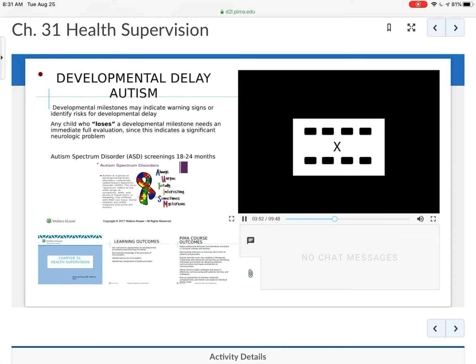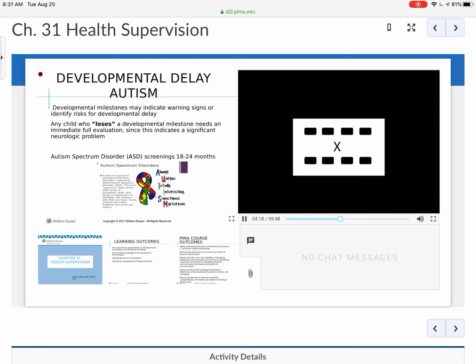Could be neurologically, could be that I've seen incidences of kids who are kept in a car seat all the time, so they have no movement, kept in a stroller constantly, kept in a crib, kept in a playpen. So there are kids with developmental delays based on parental actions.